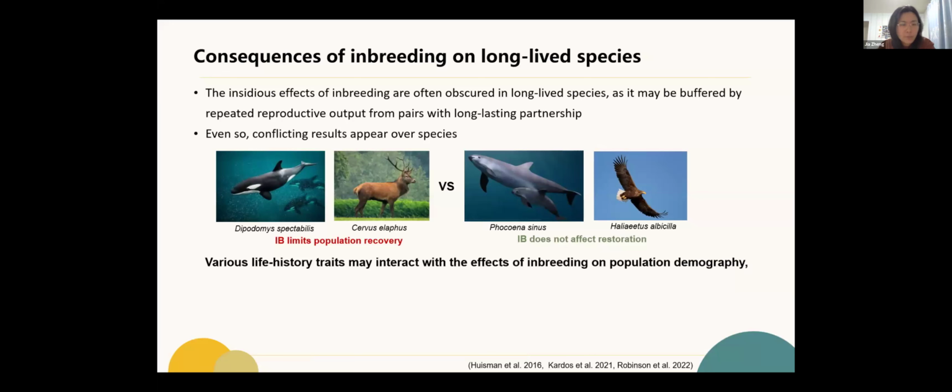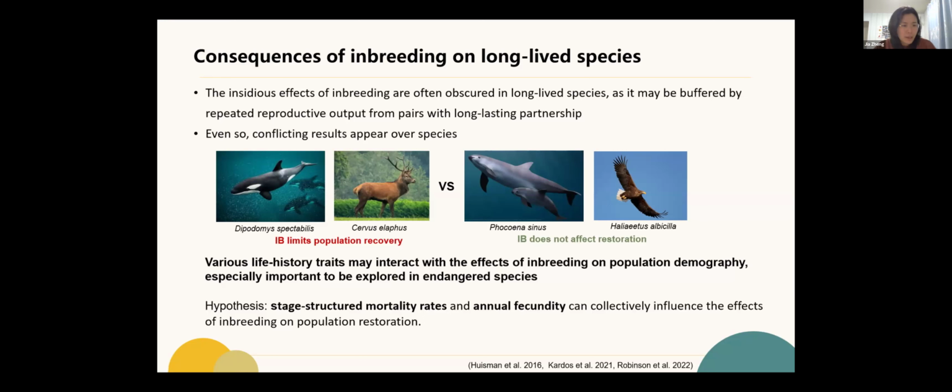So that reminds me that maybe various life history traits may interact with the effects of inbreeding on population demography. And this is especially important for endangered species, or species that may become endangered in the future, to predict what the influence of inbreeding is going to be on this population.